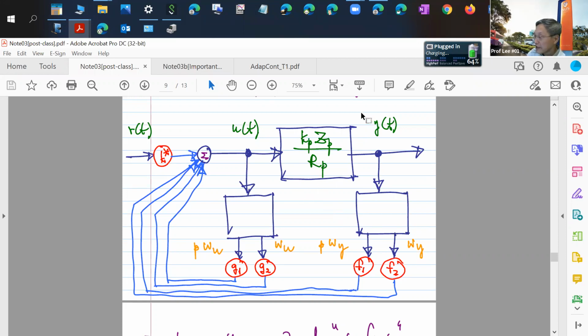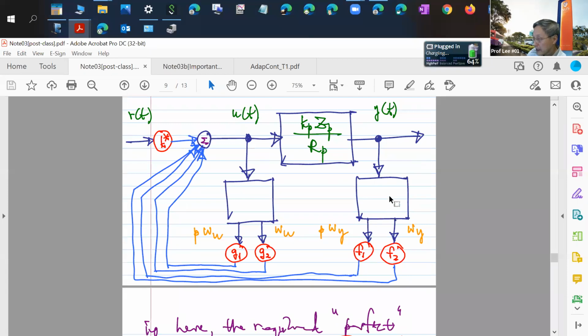Basically you're saying you have this system that you're trying to control, input signal you have, output signal you have, and that's all you have. Then you say you set up the 1/T filter with Y as the input. You set up the 1/T filter with U as the input. So these two signals came out as we saw. Then remember we multiply them by these gains, F1, F2, G1, G2, and then you put it back down here with a minus sign.